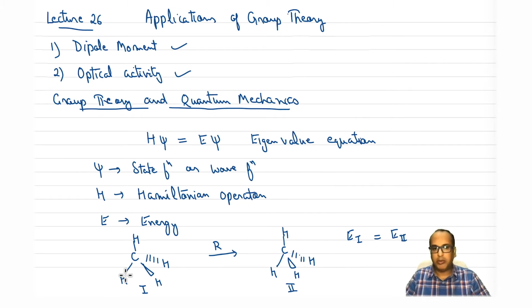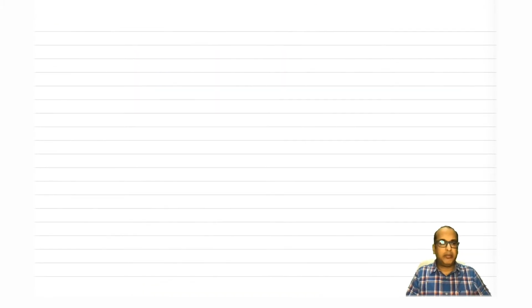Similarly, we can say the same about the bonds. The electron density here is replaced with the electron density there, and so on. These are all identical particles because they have similar locations with respect to any particular point in the molecule. So we are moving these identical particles around, and in the process we are not perturbing the energy of the system. If I want to write this statement, what do I say?